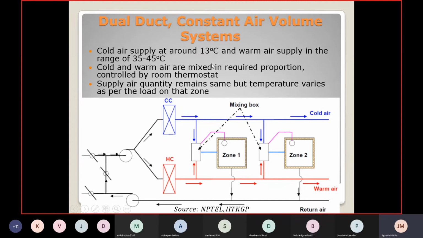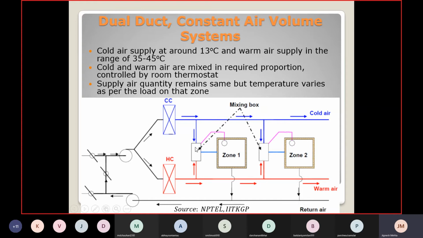So cold air in this duct would be somewhere around 13 degrees Celsius most of the times. Warm air is in the range of 35 to 45. Cold and warm air are mixed in required proportion to produce a required temperature, and that will be controlled by the room thermostat, the zone thermostat. So you can see that thermostat gives a signal to this.